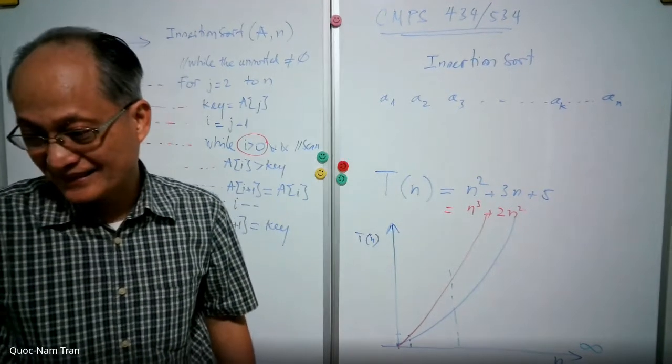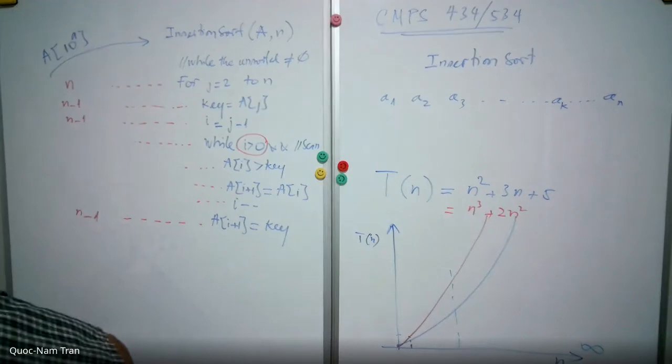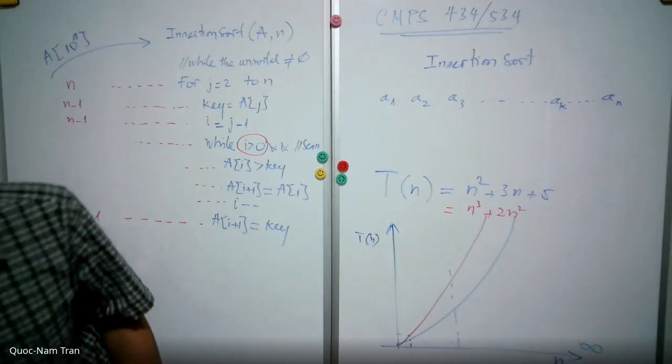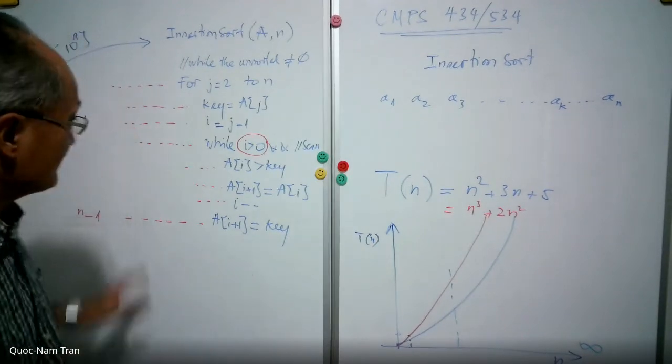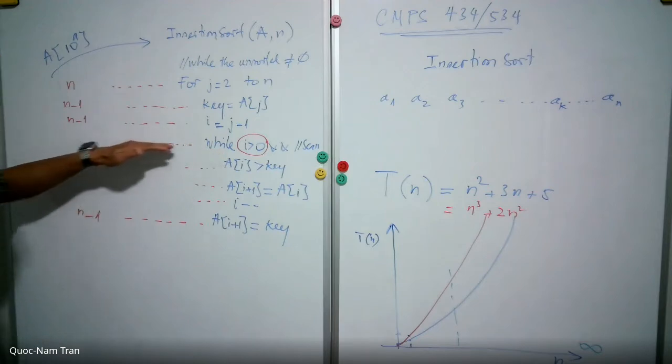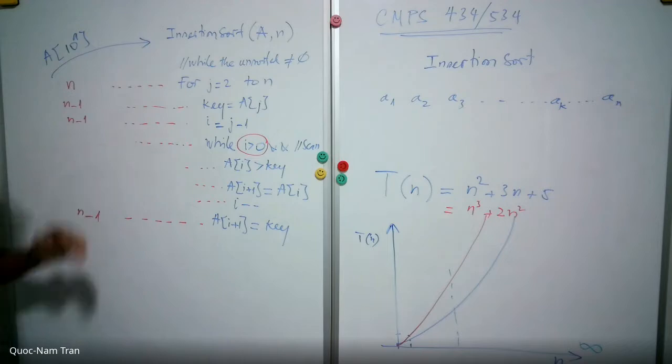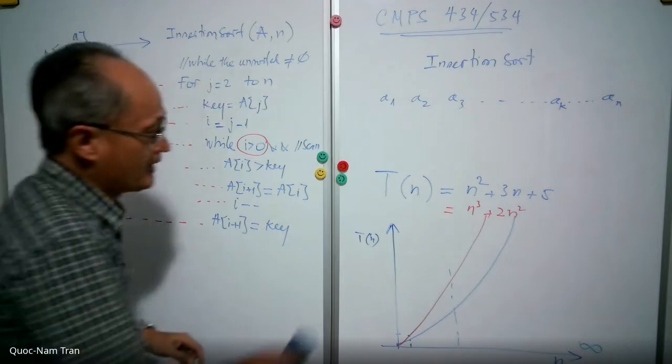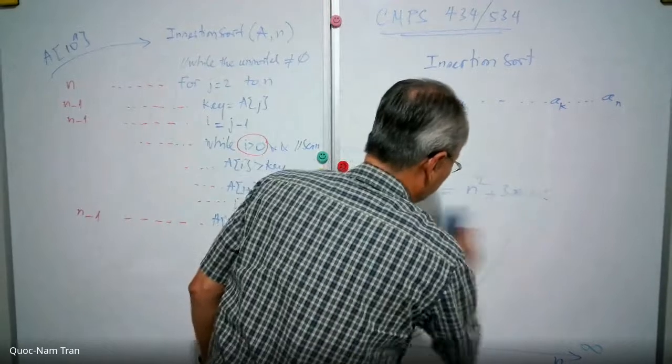Did someone do it? All right, kind of. Okay, so let's go through the steps to see how many steps this statement line will take, right? For the input of size n. All right.